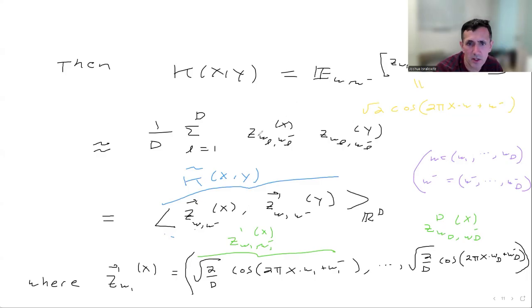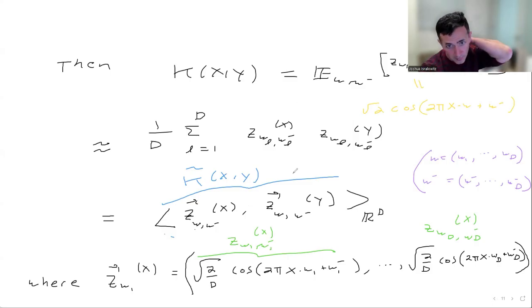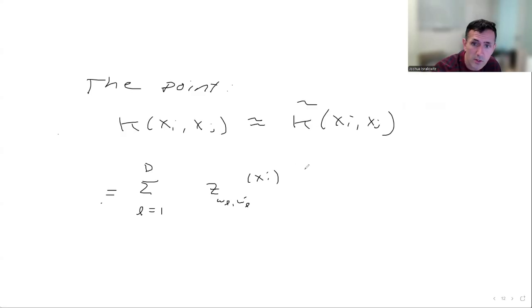This part here is a bit silly. I'm just rewriting this. If you think about it, this is going to be, let's call this, script Z transpose.